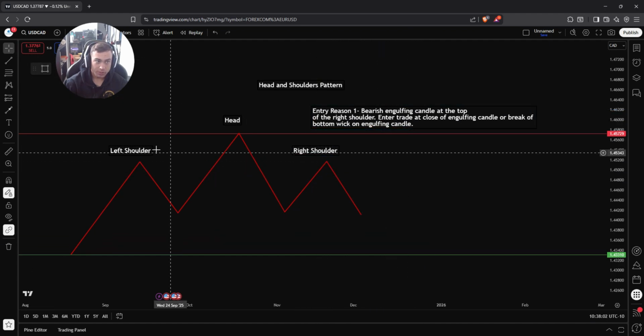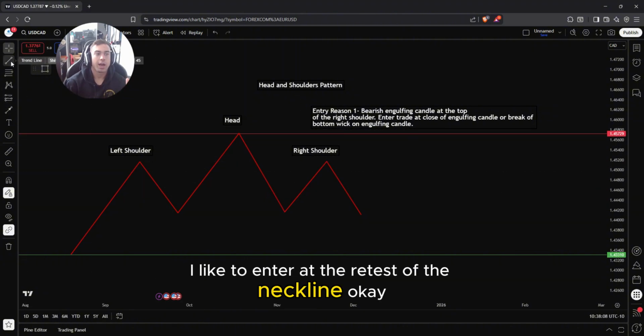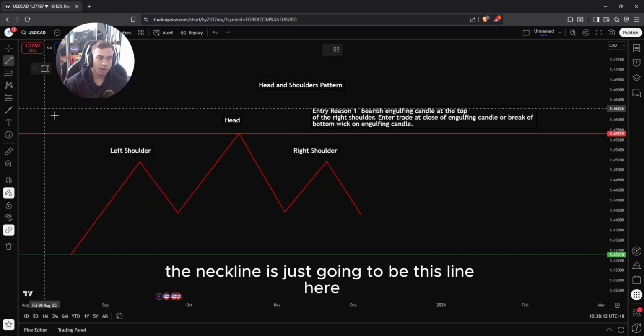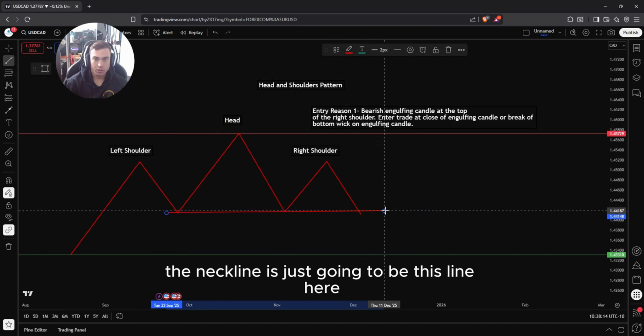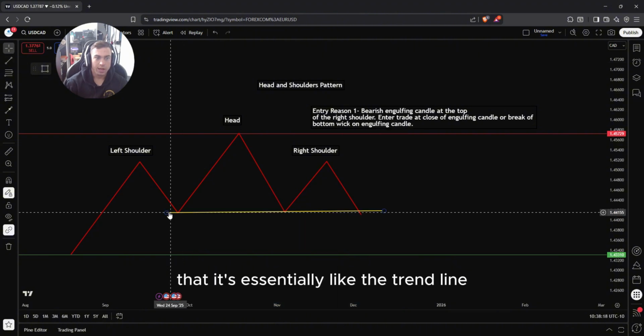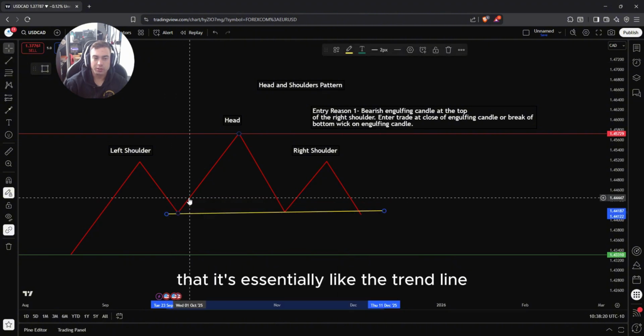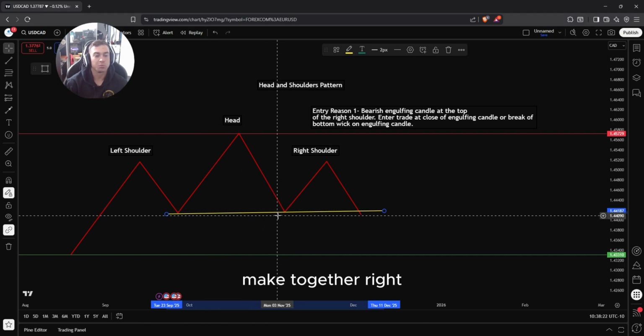Now, entry reason number two is I like to enter at the retest of the neckline. The neckline is just this line here, essentially the trend line that the left shoulder and the right shoulder make together, right?